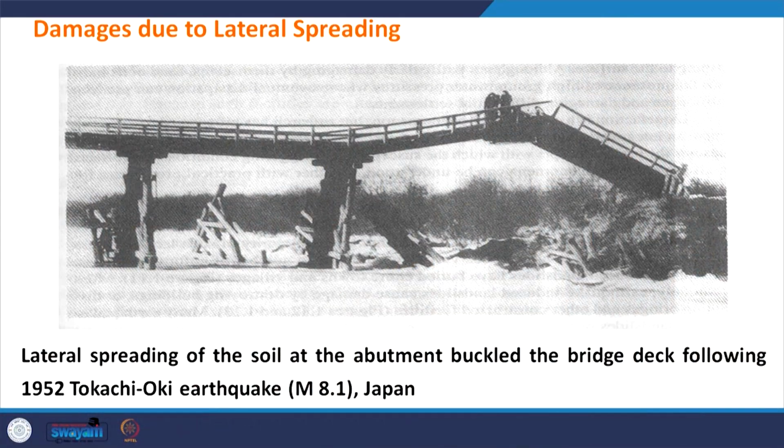Then another example of damage to a bridge due to lateral spreading, this is from the 1952 Tokachi Oki earthquake, which was with a magnitude 8.1 in Japan, and again in this case also the abutment of the bridge buckled due to the lateral spreading of the soil.